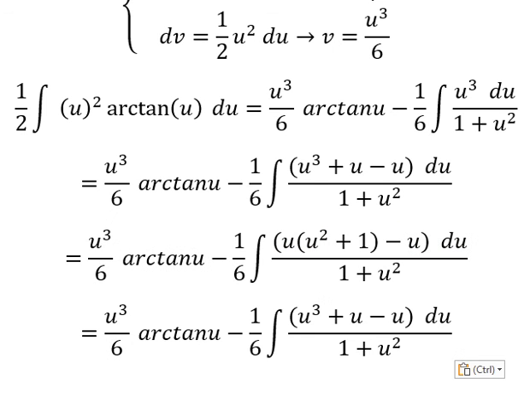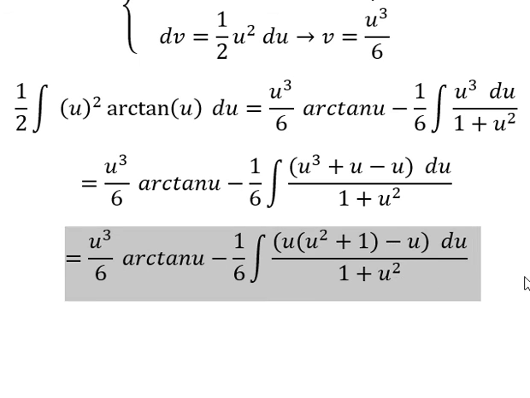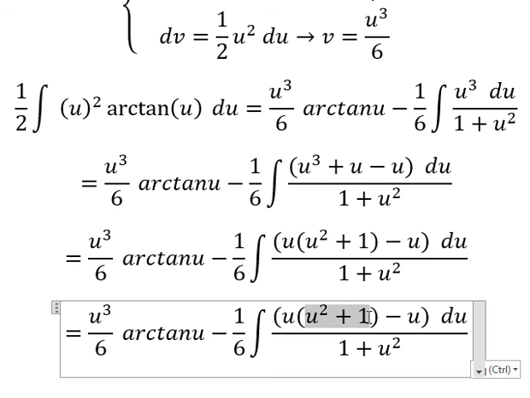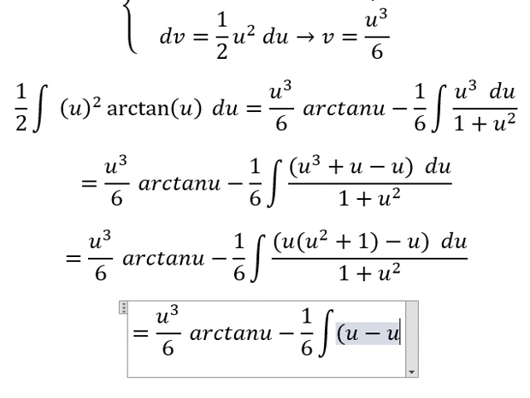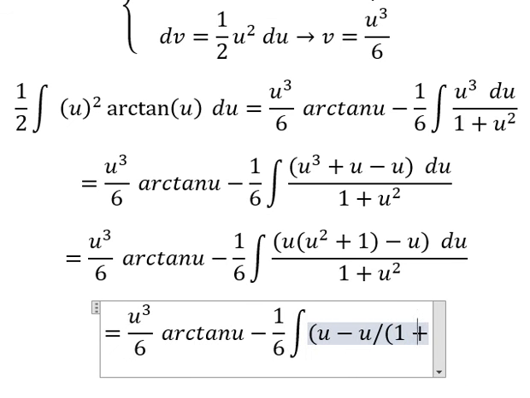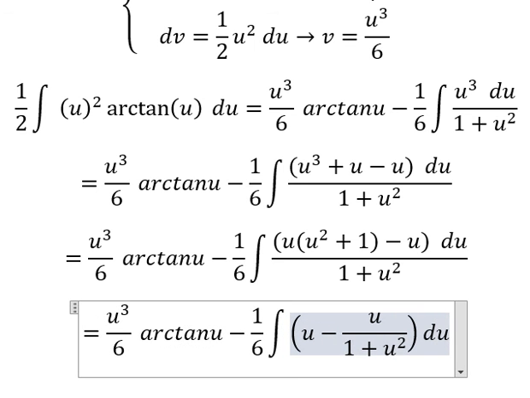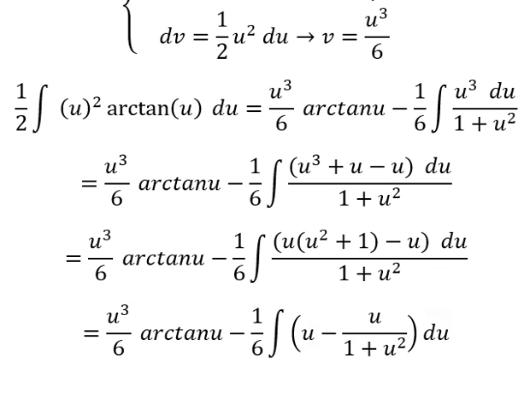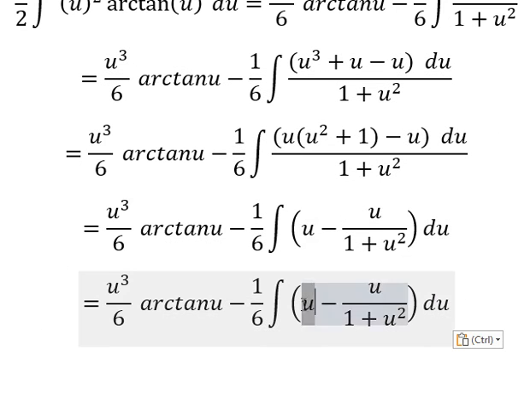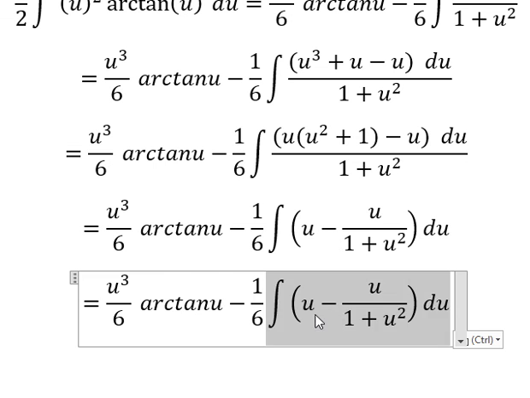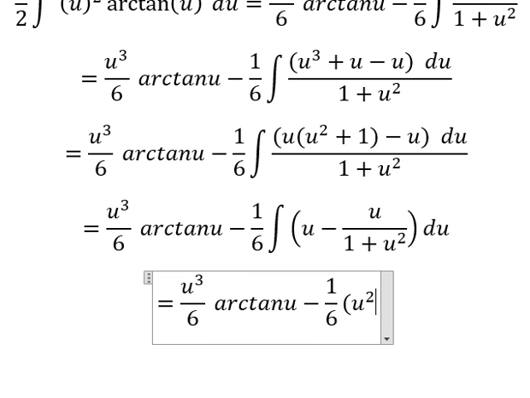So this one divided by this one, we have u, and now we will have it like this. The integration of u is u squared over 2.